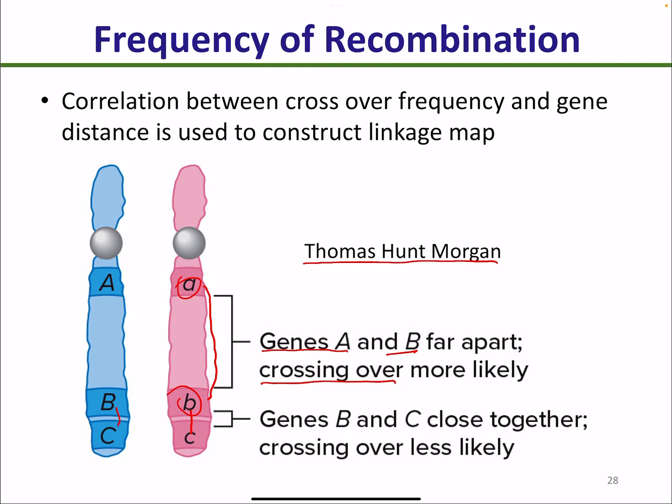The closer the genes are together, the less likely the chance that they would be involved in crossing over. Therefore, these two genes that are so close together are likely to end up in the same gamete compared to these two genes that are far apart, which are very likely to end up in two separate gametes because of the occurrence of crossing overs, right?